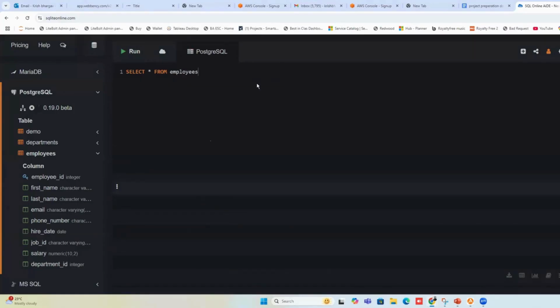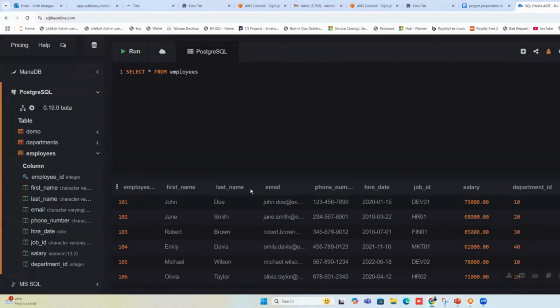All right. Usually we put a semicolon at the end. If you don't put it also, it'll run. No problem. So now when I run this, I get all the employees from my employee table. You see? Easy peasy. Star means everything. Star means give me everything from this table. Got it?